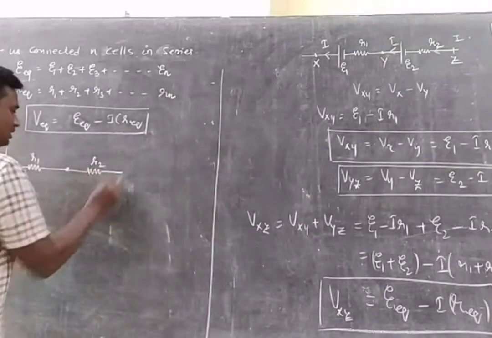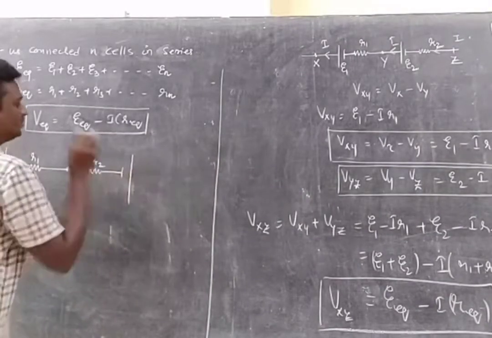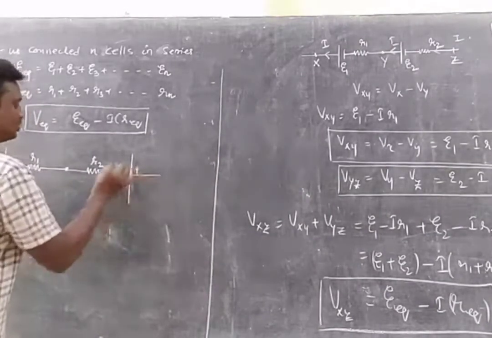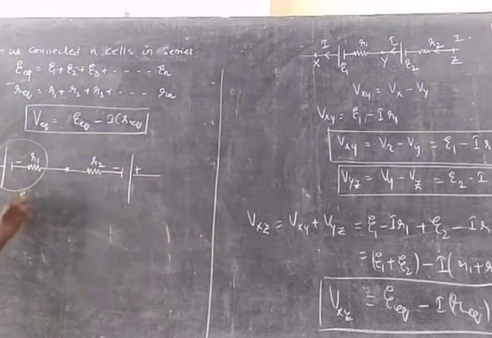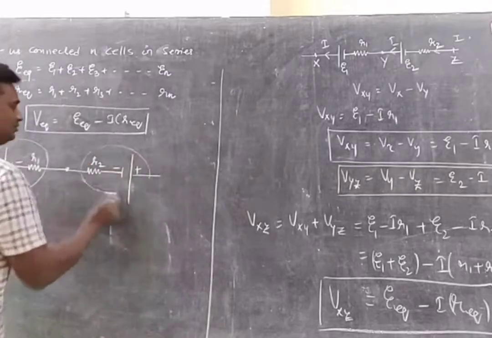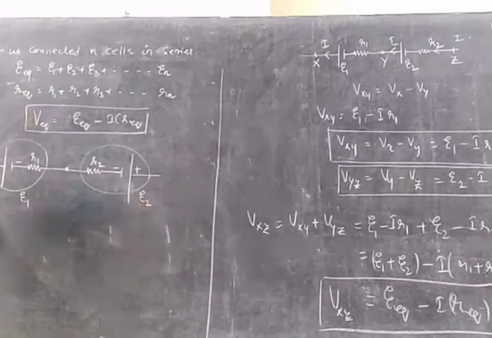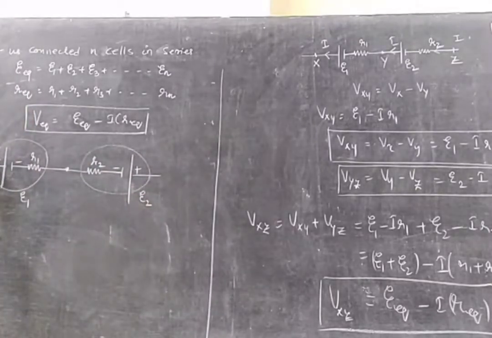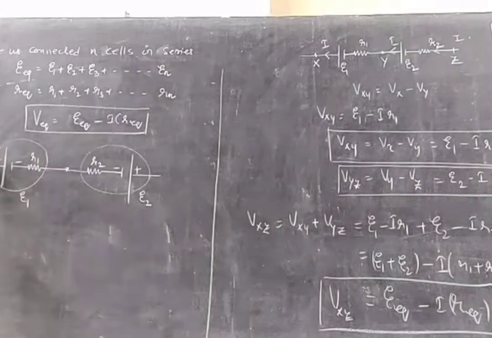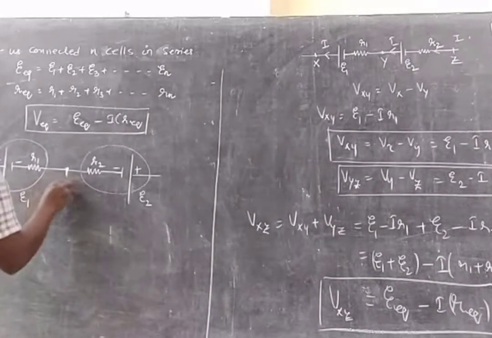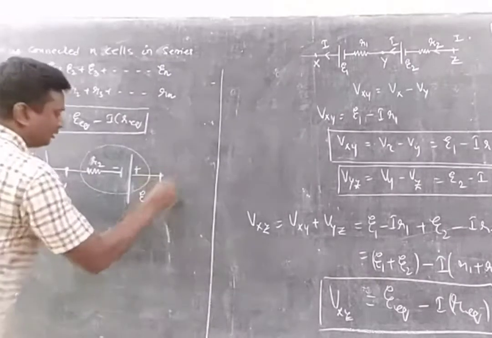R2. This is my negative terminal and this is my positive terminal. So this is positive, negative, and positive. So this has EMF E1 and this has EMF E2. This is my X point, Y point, and Z point.